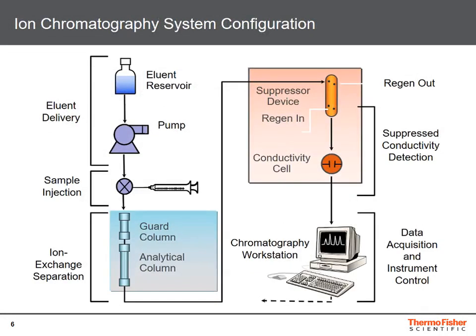This slide shows the schematic configuration of an ion chromatography system, which is not really different from any other traditional liquid chromatography system setup. We need a high-pressure pump with metal-free fluidics to transport the mobile phase through the system, and we are injecting the sample volume through an injection loop which is mounted on the injection valve.